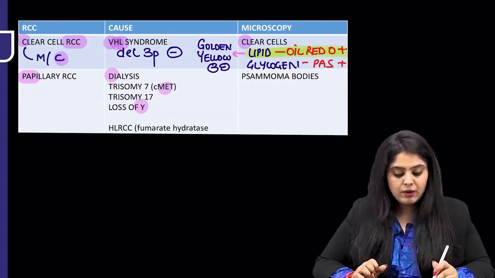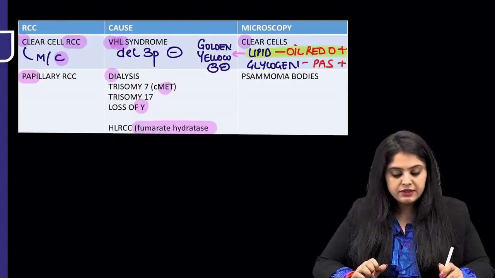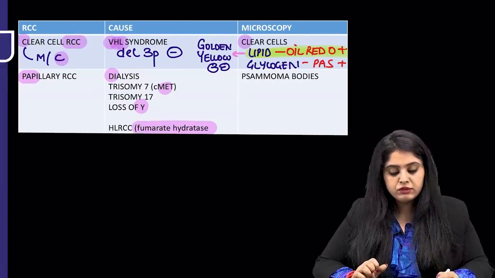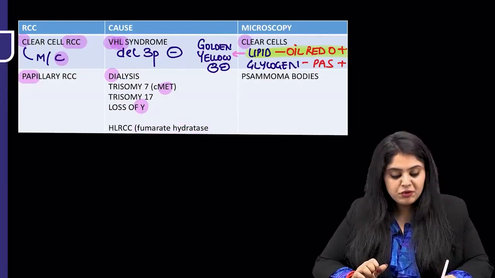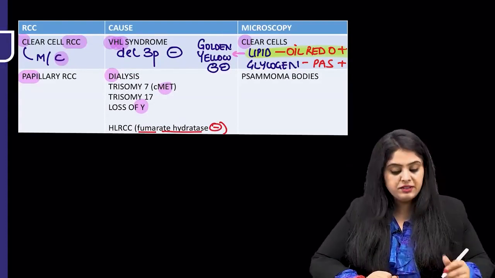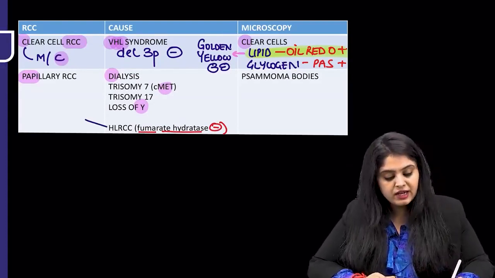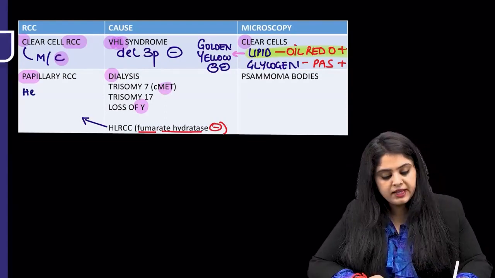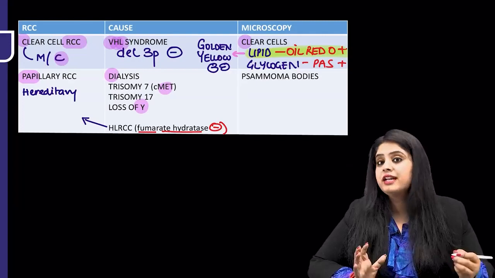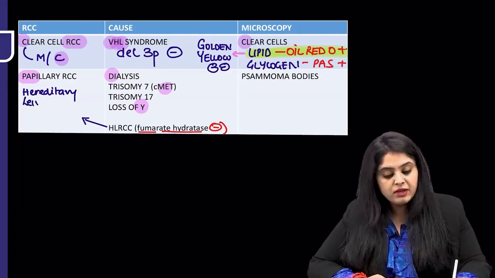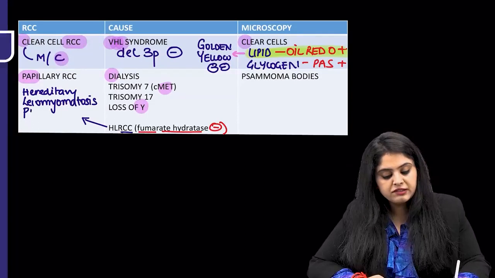Okay? And now I'm doing fumarate hydratase deficiency. What is fumarate? So I have learned fuming papa. Fuming papa, if there is fumarate hydratase deficiency that you're going to see, that results in HLRCC. HLRCC means hereditary, of course it is hereditary. Fuming papa, fumarate hydratase. Leiomyomatosis. So these patients also have leiomyomatosis with RCC. Which RCC?